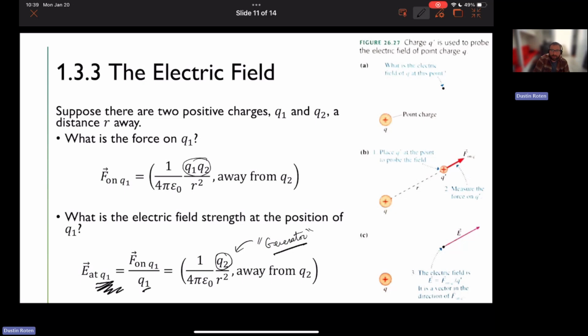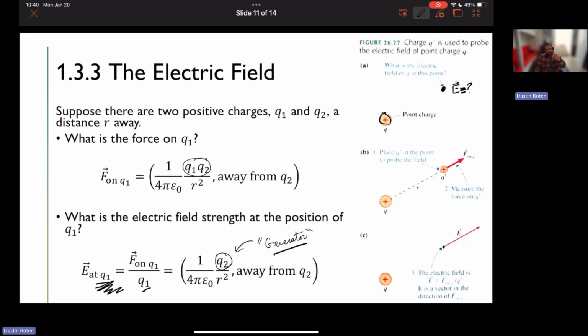So if we follow along over here in these figures, if we have a point charge here and we want to know what the electric field is, okay, well we can figure that out, but we have to place a test particle in there. We can't just do some sort of magical calculation and know what the field is doing.